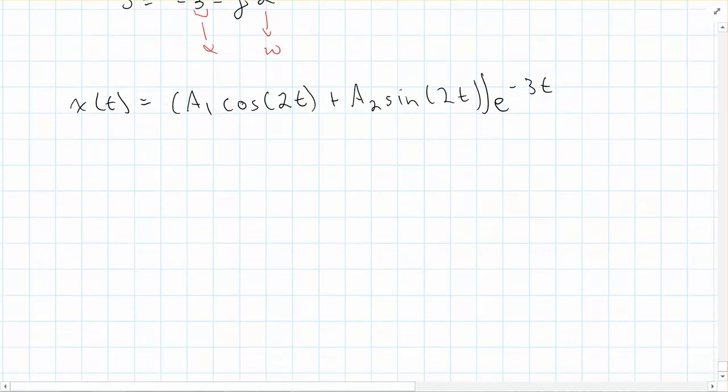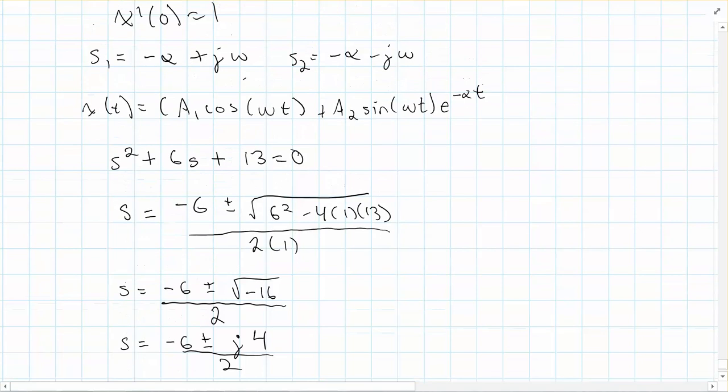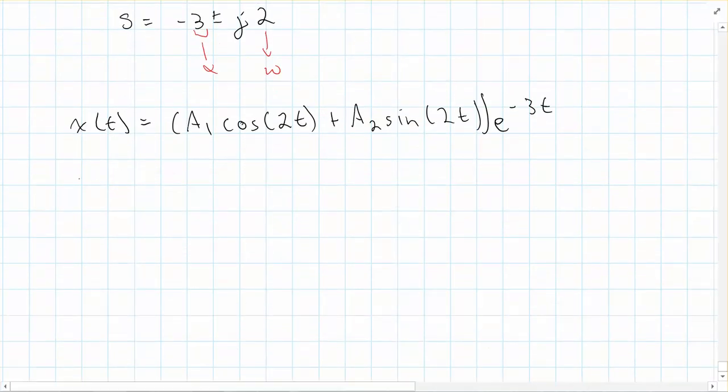And now we have to figure out what these coefficients a1 and a2 are based off of my initial conditions, which I'm going to scroll back up here. x at 0 is 5, so x at 0 equals 5.